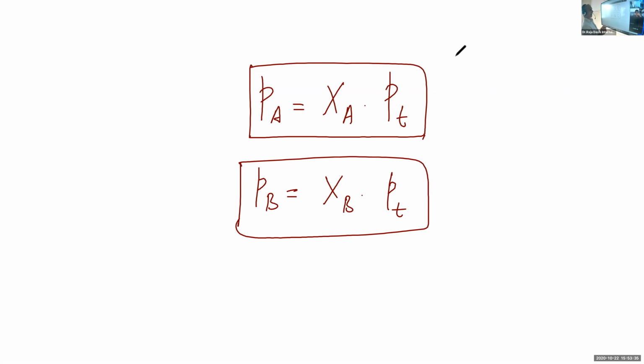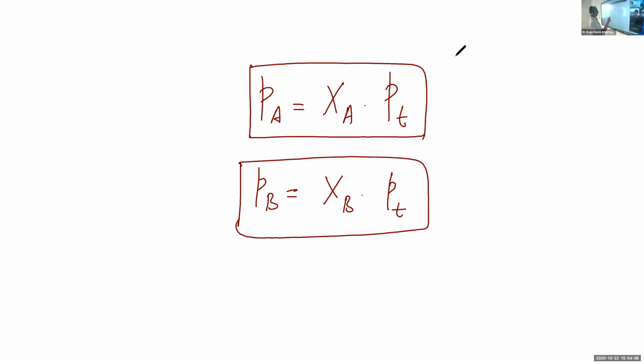If XA is the mole fraction of the component A and XB is the mole fraction of the component B, and PA and PB are the respective partial pressures, then PA, the partial pressure of A, is equal to XA into PT, where XA is the mole fraction of A and PT is the total pressure.